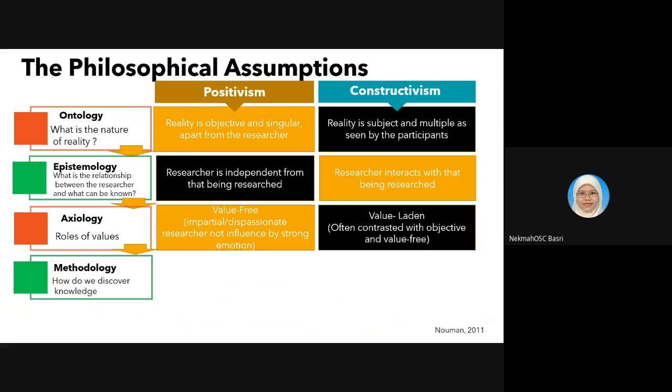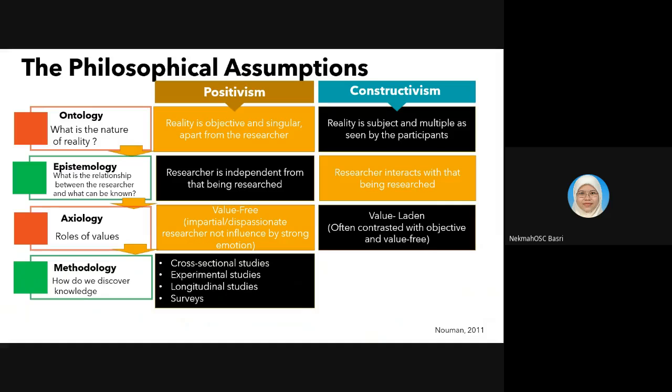About methodology, how do we discover knowledge? For positivism, it is cross-sectional studies, experimental studies, longitudinal studies, and also surveys. But for constructivism, we have action research, case studies, ethnography, grounded theory, humanistic approaches, and so on. This was quoted by Neuman 2011.